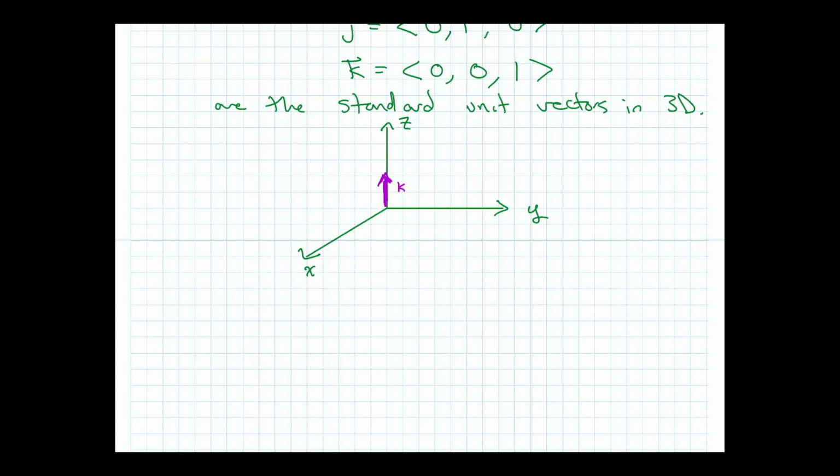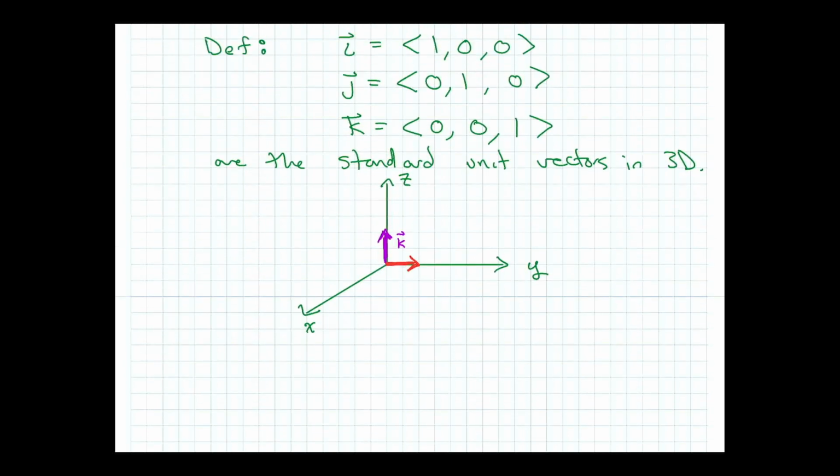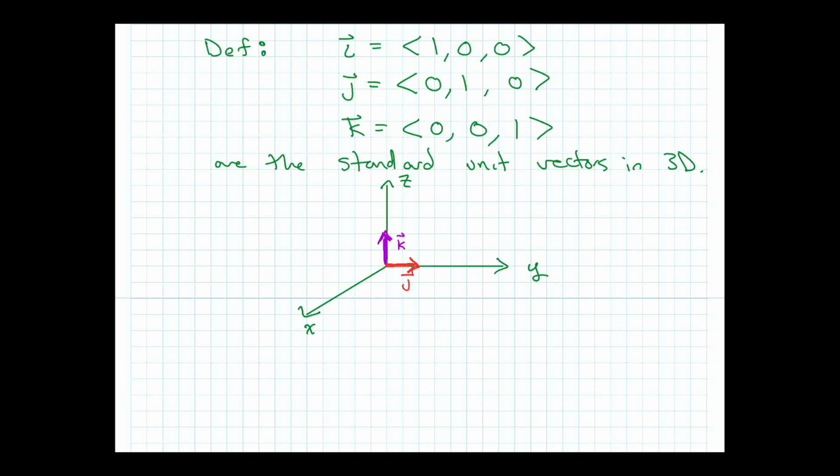So that must be the vector k. And then you've got one that points in the direction of y. That's the one that we call j. And then you've got a third one that points in the direction of x. And that's the one we called I. So I, j, and k. So they just point in the direction of the axes, right? So I, j, k for x, y, z.